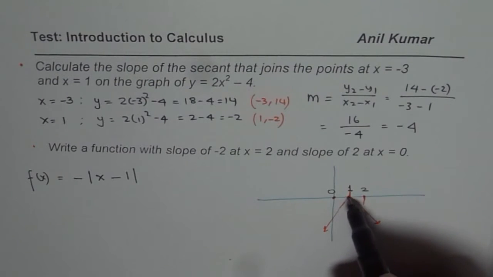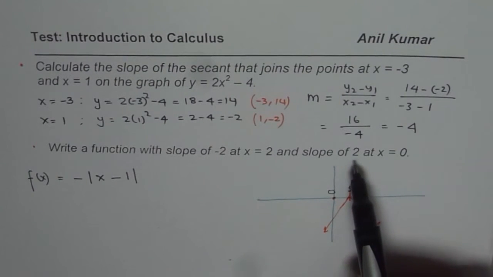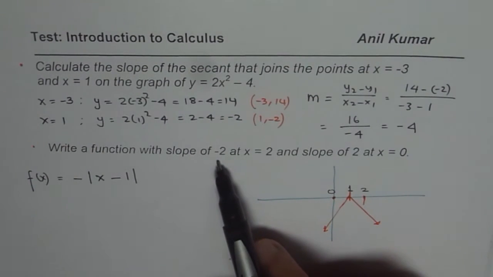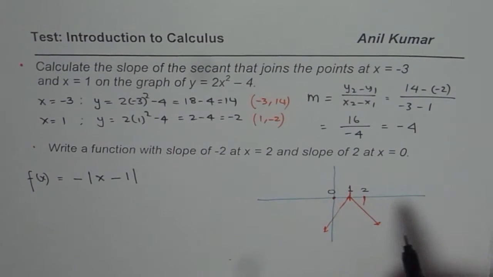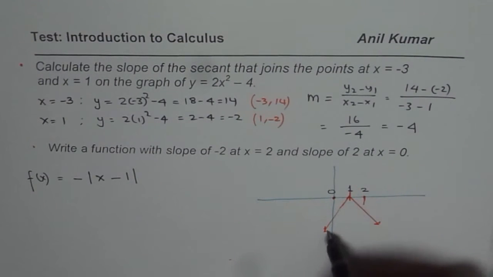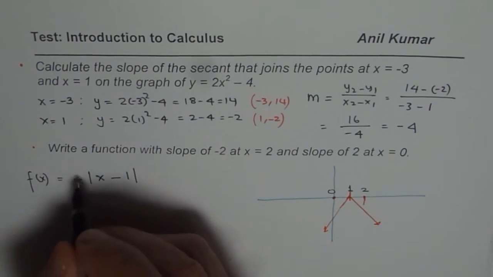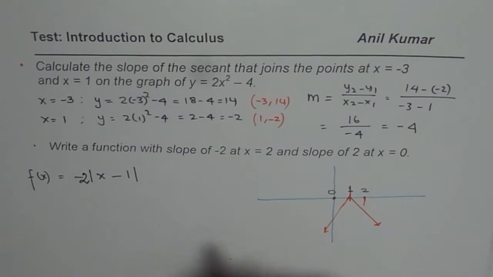You could have a parabola also, where the slopes could be at the given points 0, at 0 it could be 2, and at minus 2, at 2 it could be minus 2. But I think this particular function could be better. Now since we want slope of 2 and minus 2, I should actually multiply this by 2.